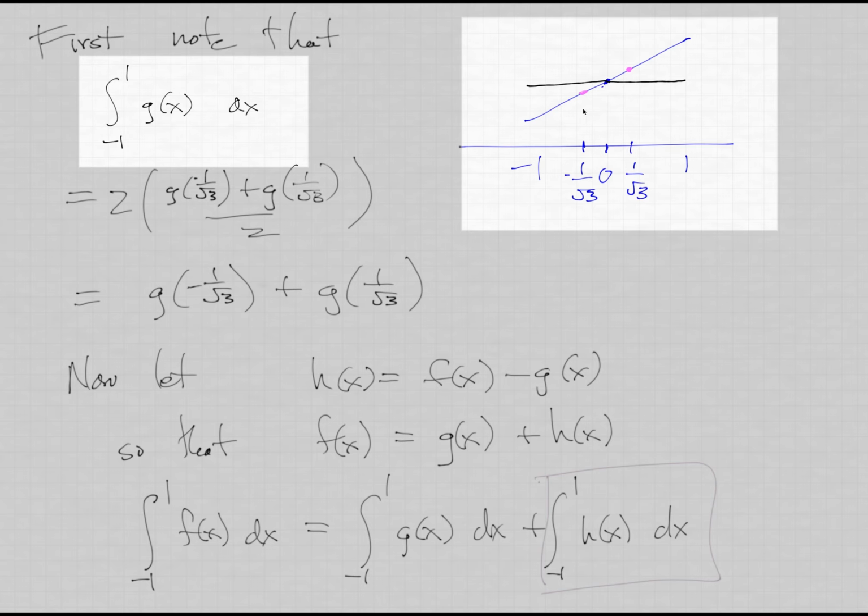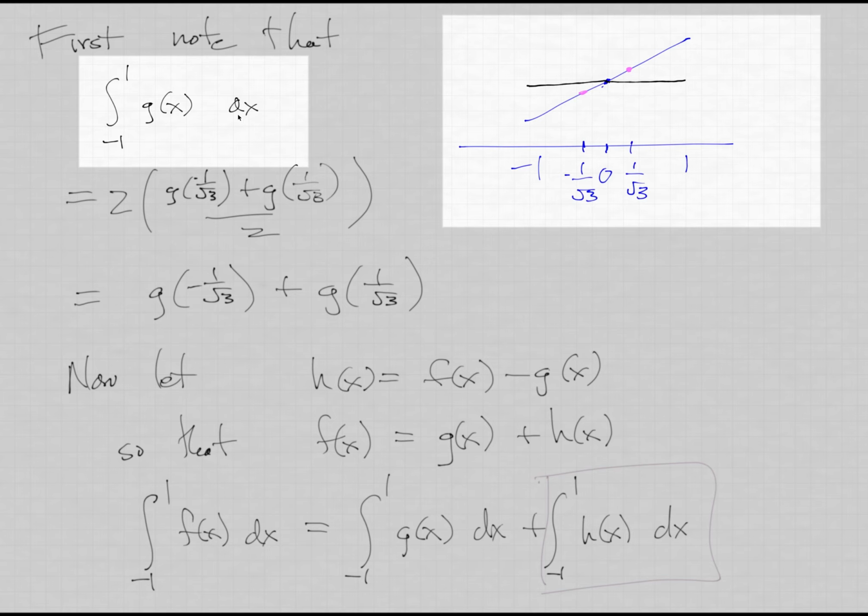Or, equivalently, you could take the average value of any 2 points that are symmetrically situated about the center of the interval. So, for example, by taking the average value of these 2 points, we get the average value of the function. I've represented the average value of the function here by the black horizontal line.